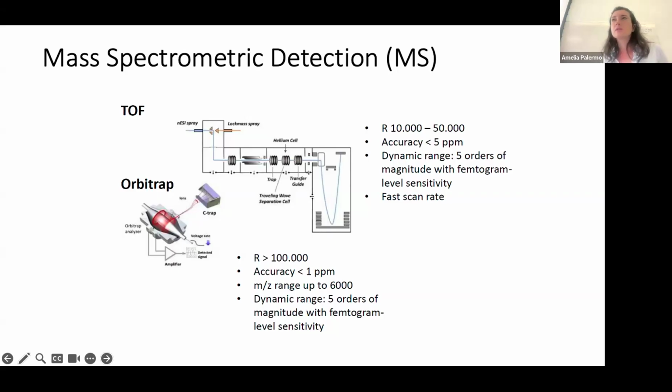The resolution is more a measure of how resolved are the mass spectrometric peaks that you measure. So if you have m/z peaks that are very close in values to each other, how good is your instrument in separating them?